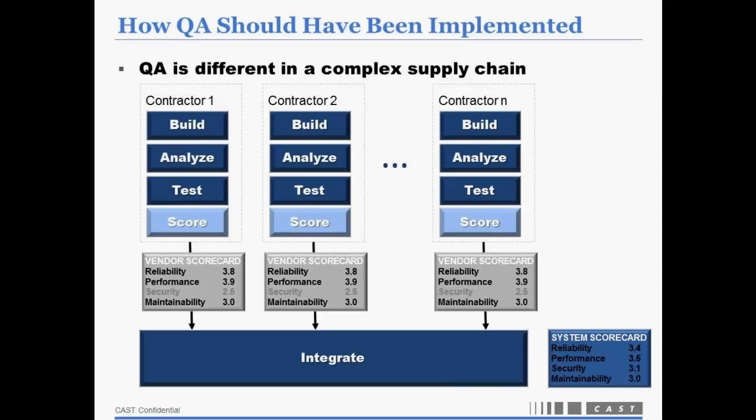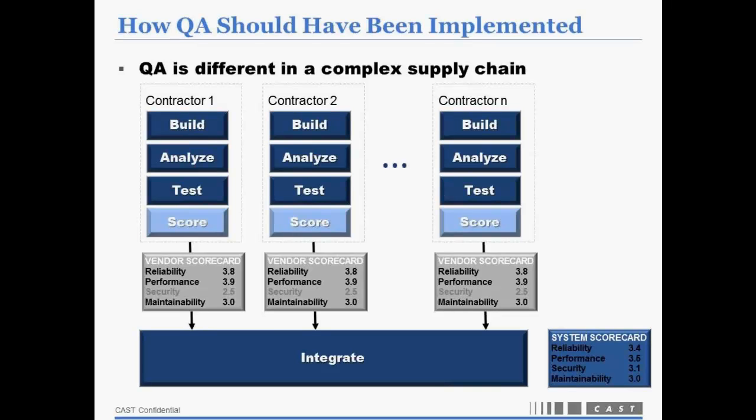What you want to be doing is have measurement interfaces so that with every vendor, every contractor, and really every team, every component of the system that gets developed gets measured and gets a scorecard. And in important cases where it's particularly complex or a critical part of the system, SLAs are placed around that scorecard to make sure that anything that is not up to spec in terms of structural quality, that doesn't measure up, gets turned back for rework before you even integrate.